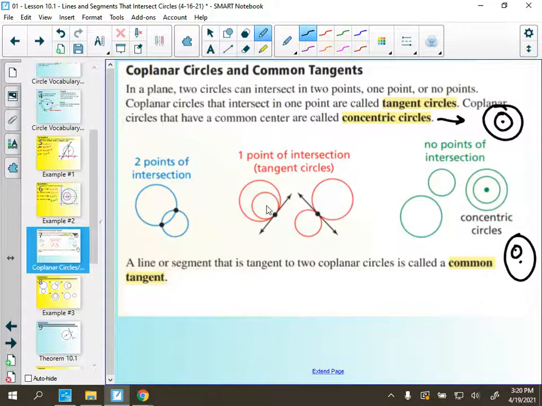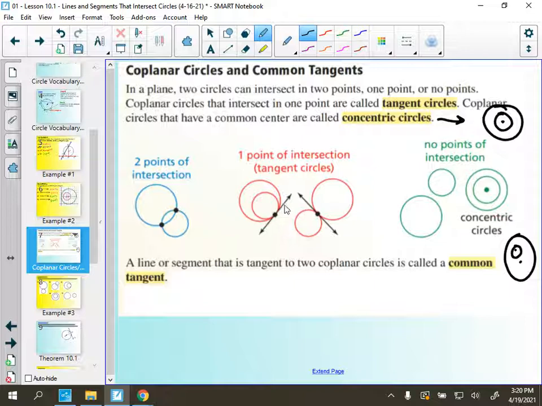And then within each of these 5 situations, we have what's called a common tangent. It's a vocab word. It almost fits right where we were doing circle vocab before. A common tangent is a line or a segment or a ray that is simultaneously tangent to two circles.